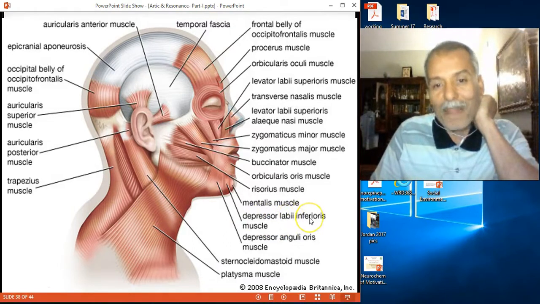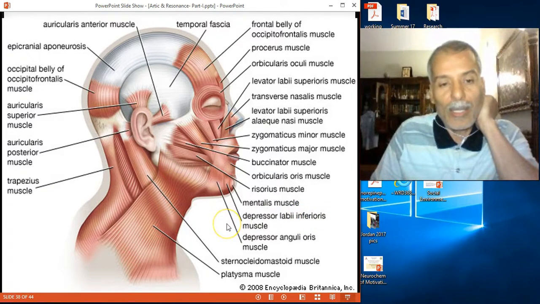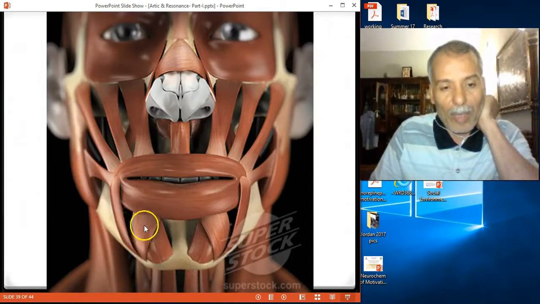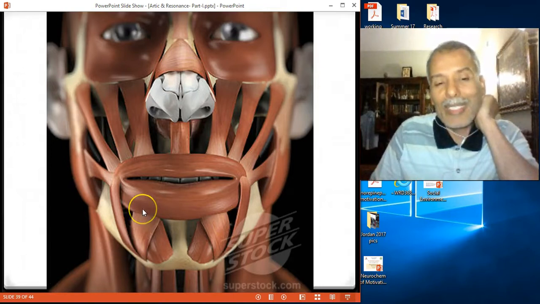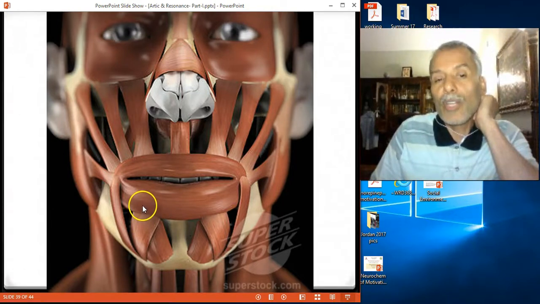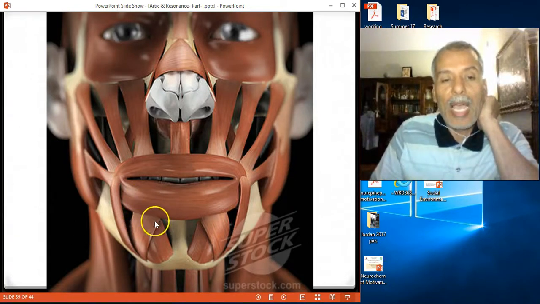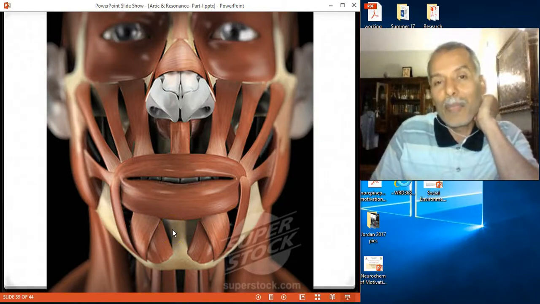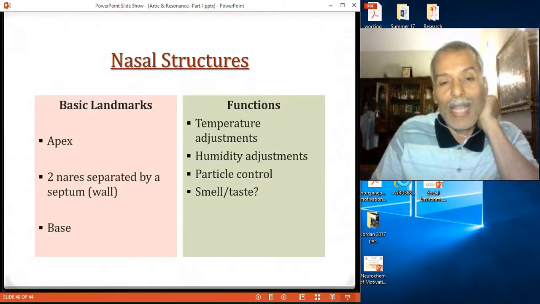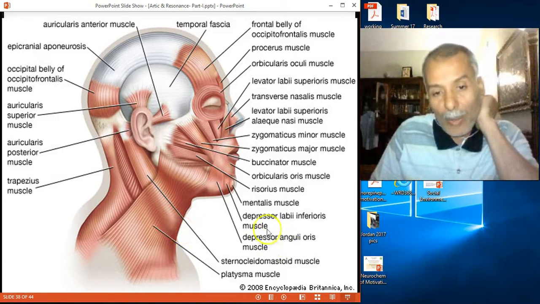Depressor labii inferioris. This is the muscle, depressor labii inferioris. So it's basically the muscle that is below the lower lip, and when it contracts, it brings the lips down. And the one at the angle, you just add the word anguli, means at the corner, at the angle, which is depressor anguli oris.